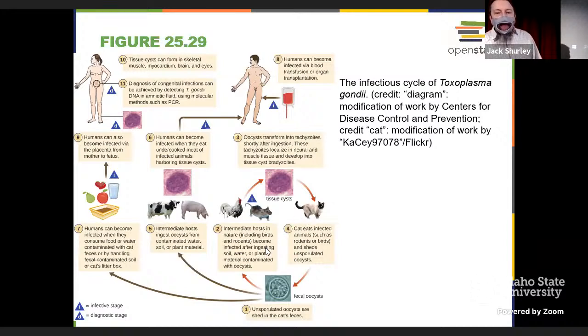So after this happens, an ingestion of the oocysts, so feeding on whatever it might be, and there are numerous opportunities. As we think about this, you might say, well, geez, my cat goes outside, digs a hole, goes to the bathroom and buries it. He's good. It seems fine. There are still issues with that.